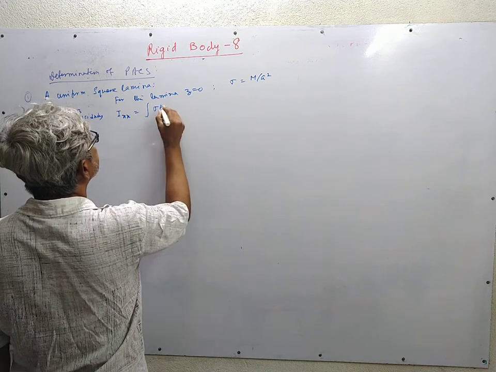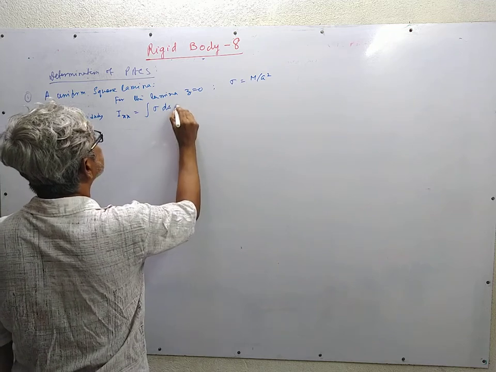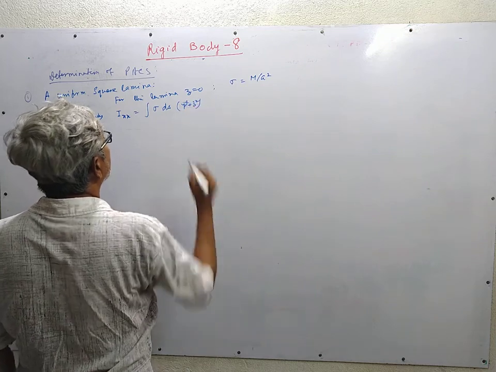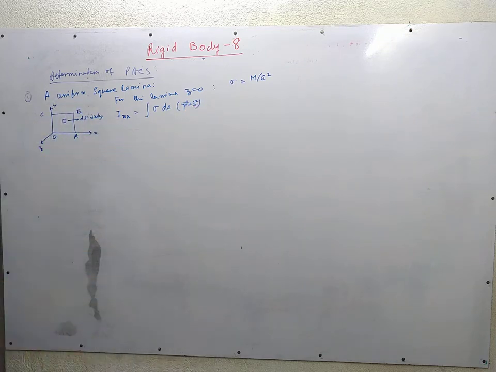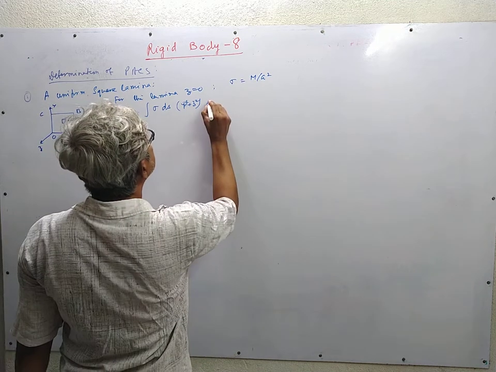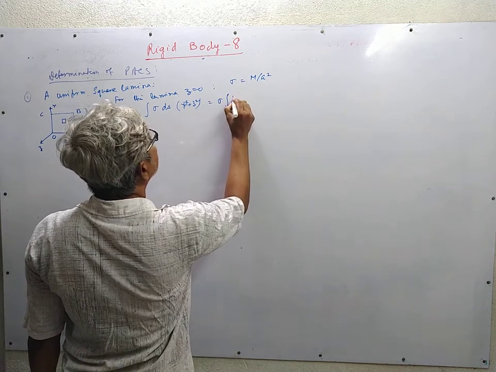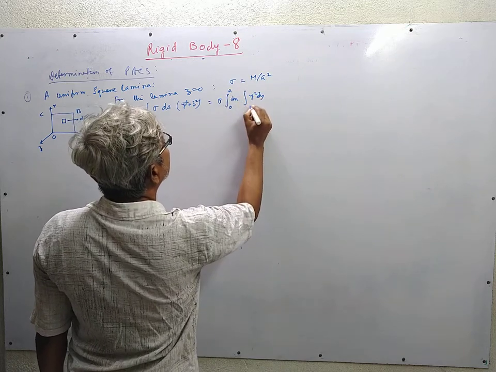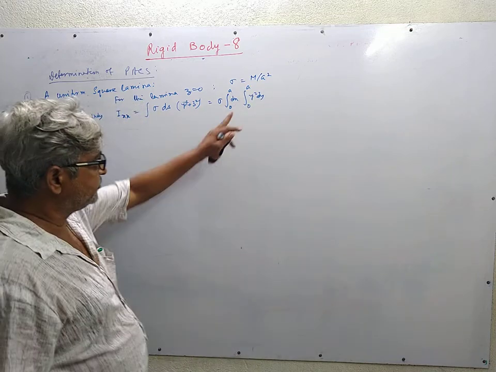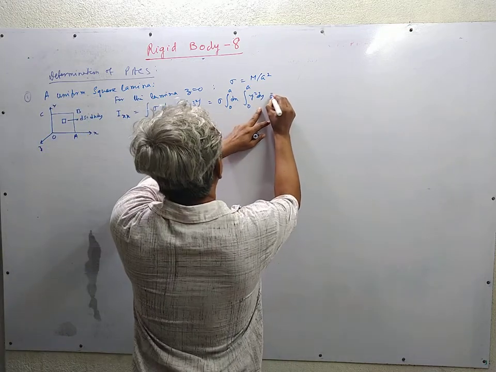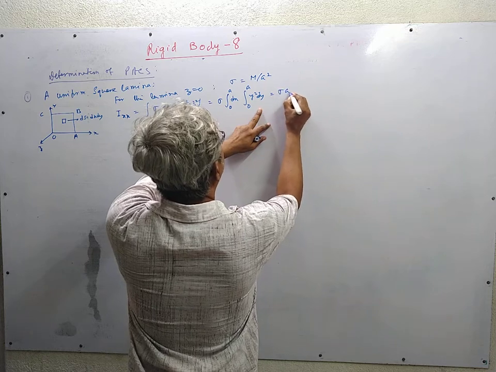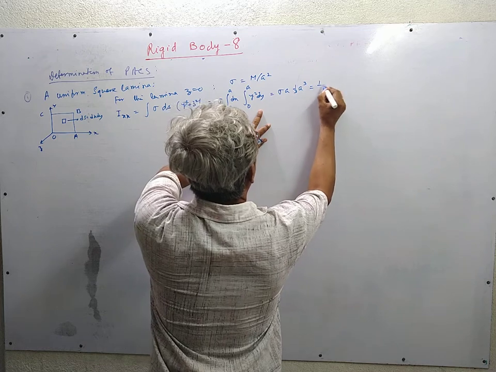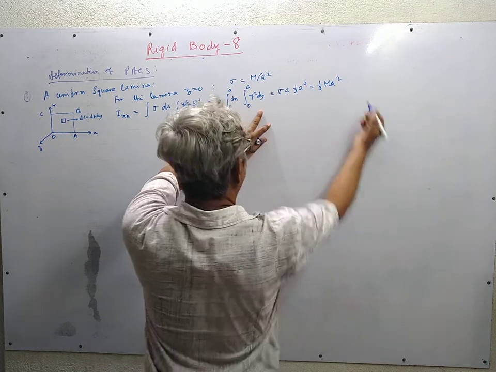So this is sigma ds times y square plus z square, and since z is equal to 0, this is sigma, integration over dx from 0 to a, y square dy from 0 to a. So this is sigma a times 1/3 a cube. So this is 1/3 m a square.